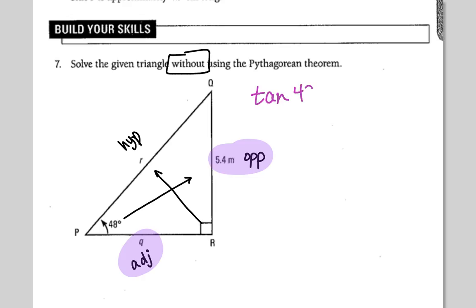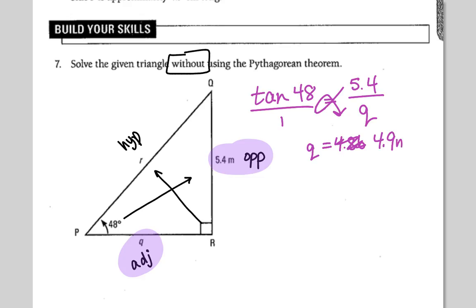So tangent of 48 over 1, because tangent relates the opposite divided by the adjacent, and then cross multiplying, 5.4 times 1 divided by tan 48. Get Q is equal to 4.86 meters. So let's just round that up to 4.9 meters.